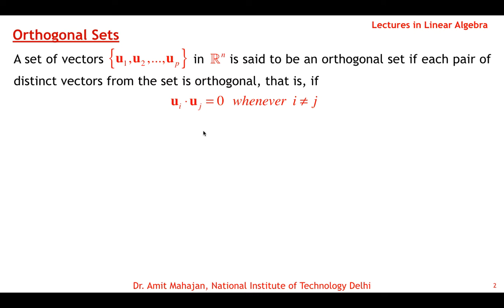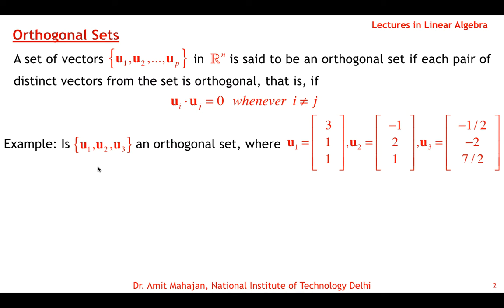For example, consider whether this set of three vectors u1, u2, u3 is orthogonal, where these three vectors are given. To check this, we have to take each pair of distinct vectors from this set and check whether their dot product is 0 or not.